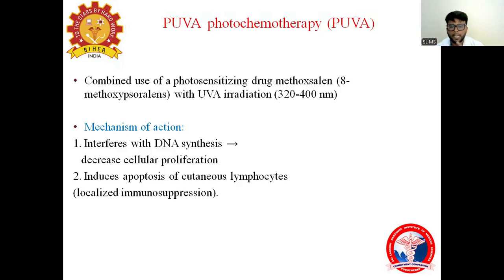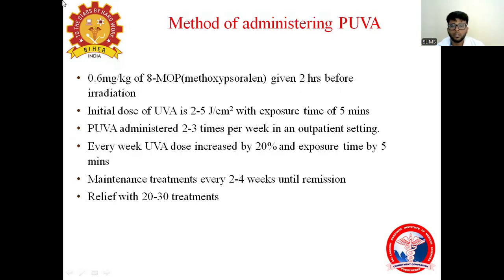Mechanism of action, how it acts: it interferes with DNA synthesis, decreases cellular proliferation, and induces apoptosis of the cutaneous lymphocytes. I will give 0.6 milligram per kg of methoxsalen 2 hours before irradiation. The initial UVA dose is 2 to 5 joules with an exposure of 5 minutes, administered 2 to 3 times per week in an OP setting.